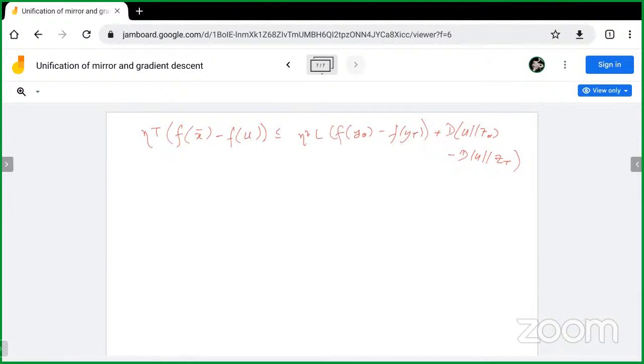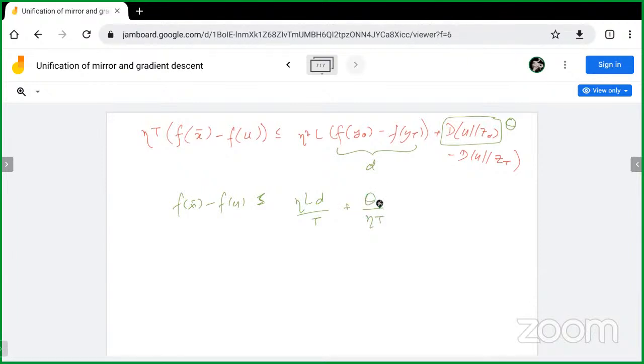It means that if this quantity is at most some number, and let's say my initial potential is at most some capital theta, then I can get a difference of theta LD over T plus theta over theta T, right?